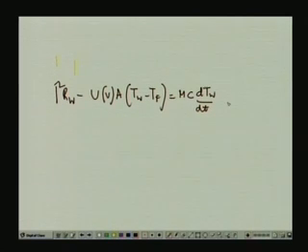This was our dynamic equation of the hot wire anemometer.